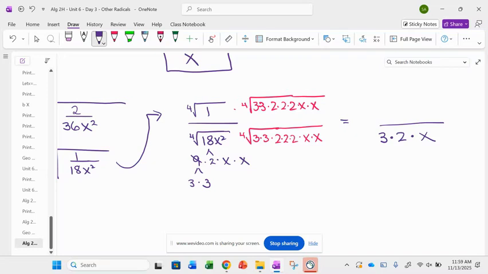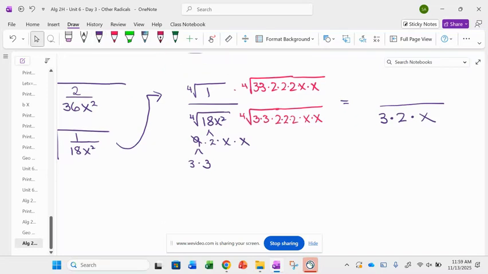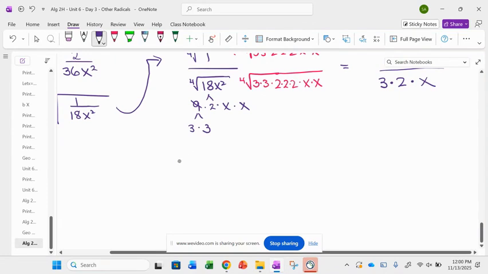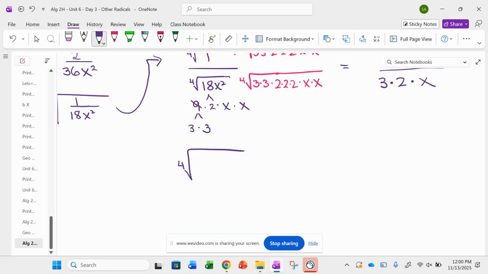Sure. I wrote it a little bit sloppy, but when we broke 18x squared down into factors, we had 2 3s, 1 2, and 2 x's. Then we multiplied it by 2 more 3s, 3 more 2s, and 2 more x's.